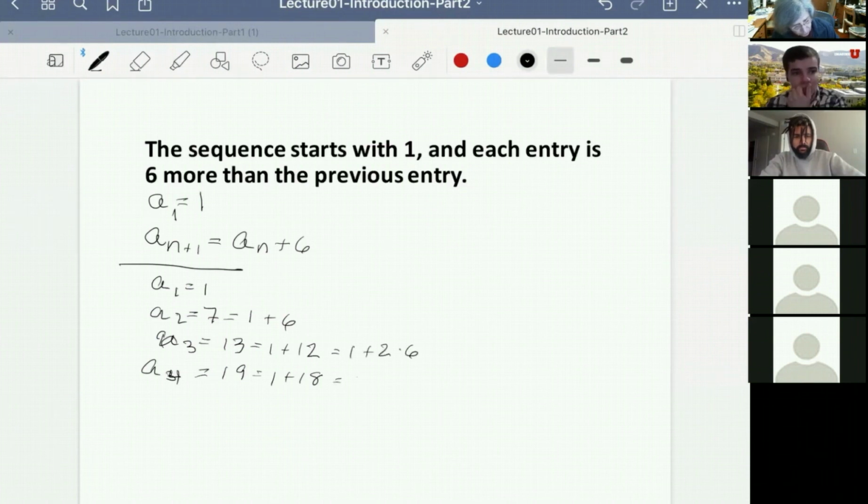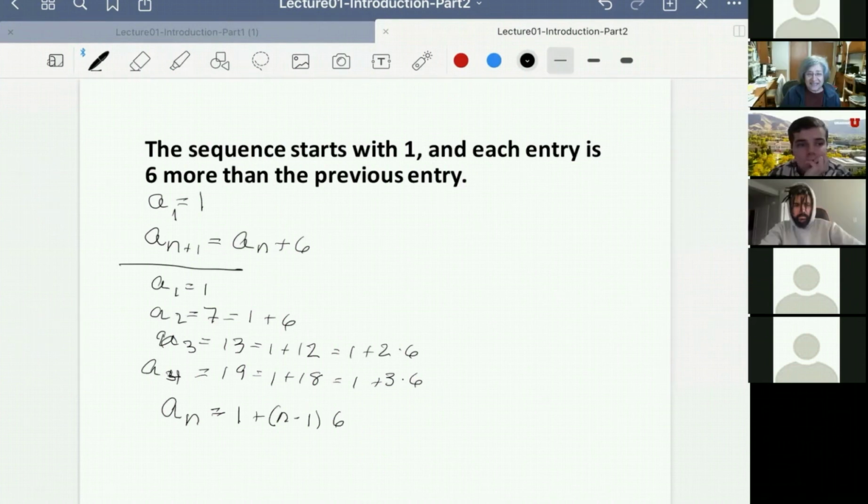And this is equal to 1 plus 3 times 6. Do we see a pattern emerge that we can specify what A sub n is? A sub n equals 1 plus n minus 1 times 6? Yes, okay. Very good, Owen.